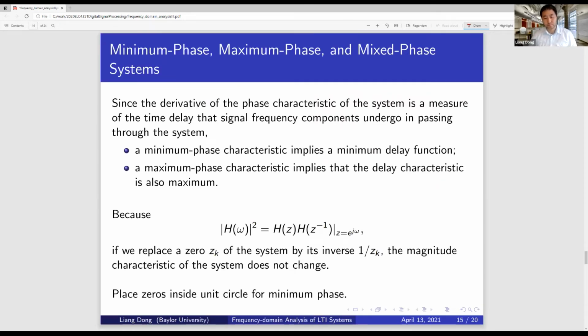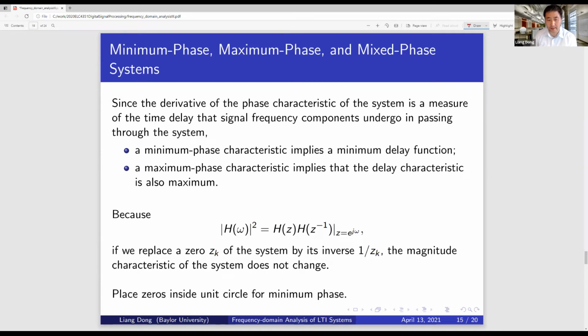Okay. Since the derivative of a phase characteristic of a system is a measure of the time delay that the signal frequency components undergo in passing through the system, looking back into the time domain, we know that a minimum phase characteristic implies a minimum delay function, as we see in our special example, H1 and H2, right?